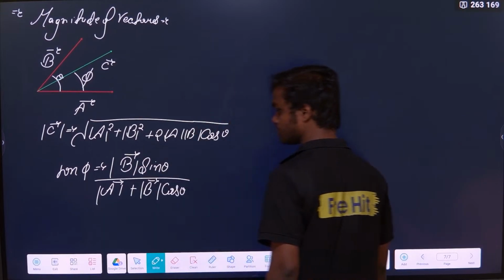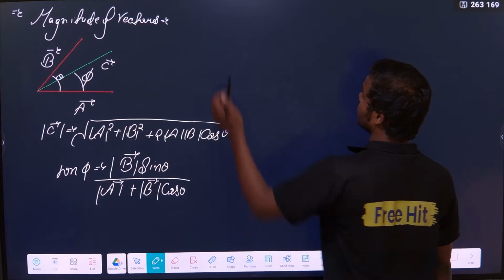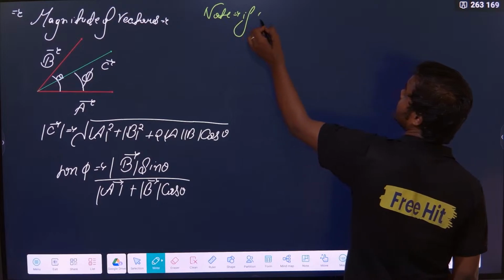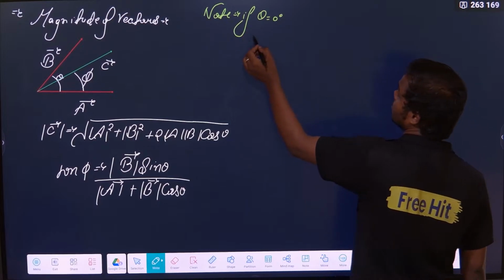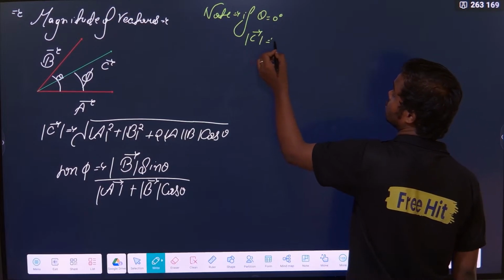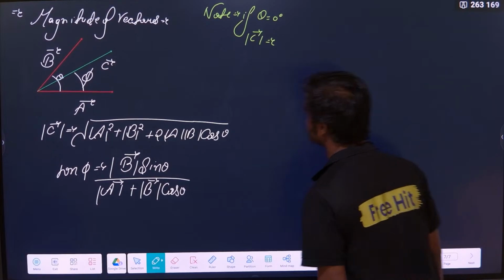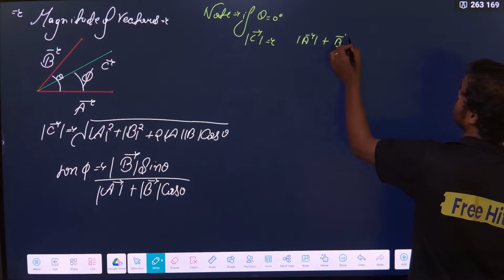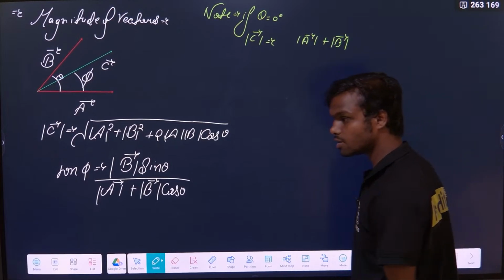Second thing, some important notes. Suppose in the first case theta is equal to 0 degree, then what is the mod of C? Mod of C vector simply becomes mod of A vector plus mod of B vector. Correct?